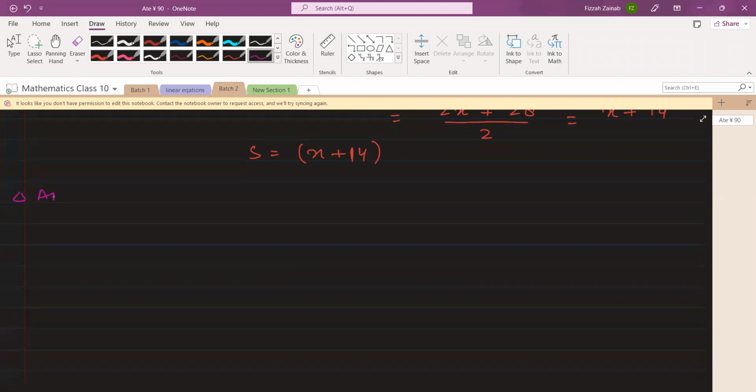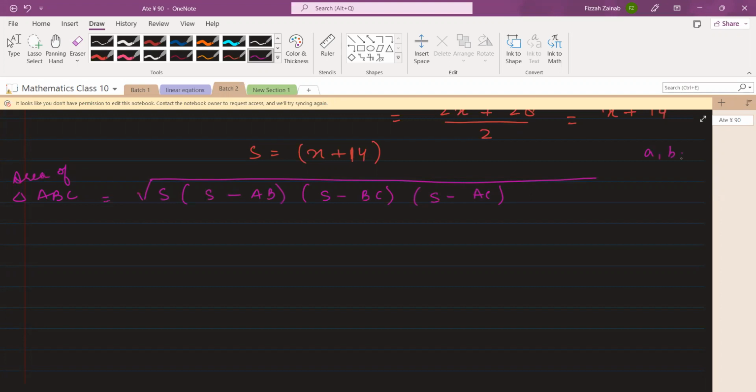So area of triangle ABC is the square root of S into S minus. Okay, now I'm not denoting ABC, so you can write S minus AB. Can I write that? Ultimately, there are 3 sides of the triangle, isn't it?